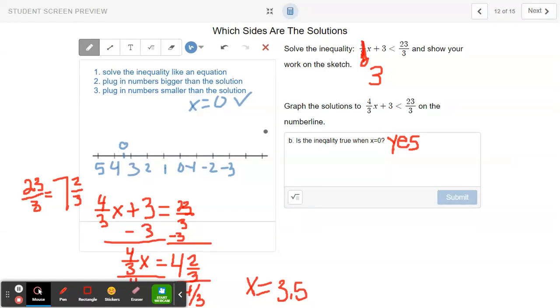Let's try something larger than 3.5. Let's try 4, right? If we put in 4 up here for x, let's see what happens. That would mean that we have 4 thirds times 4. Let's try that out on our calculator.